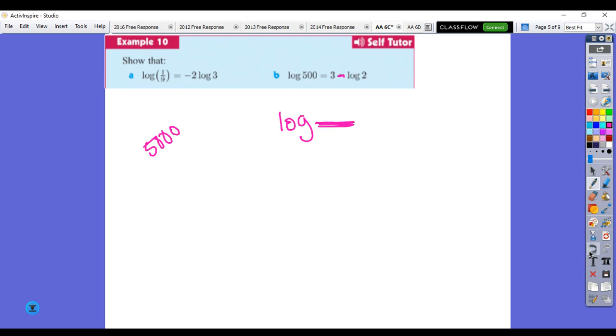We need to replace 500 with something divided by something else. Now, if I'm dividing by log of 2, wouldn't that mean I'm going to have 2 on the bottom? So when I divide, I subtract. What number divided by 2 is 500? 1,000 divided by 2 is 500. So let's play with that.